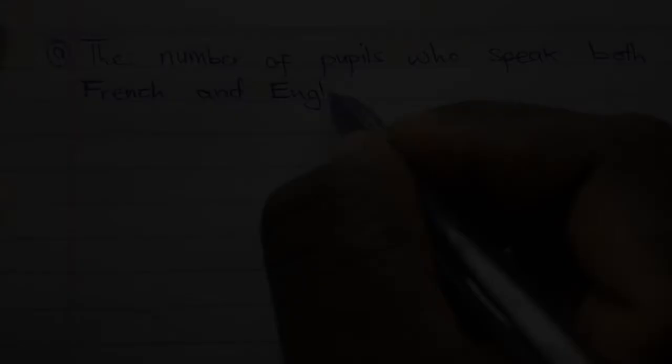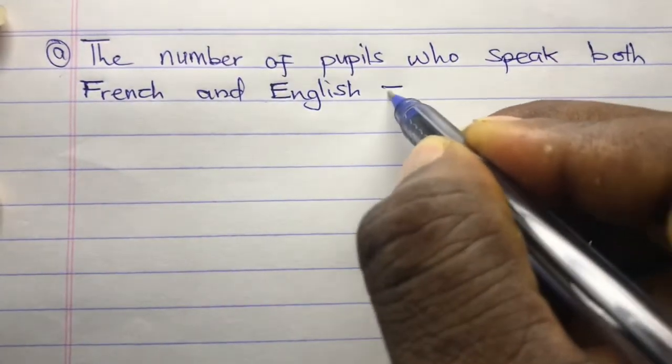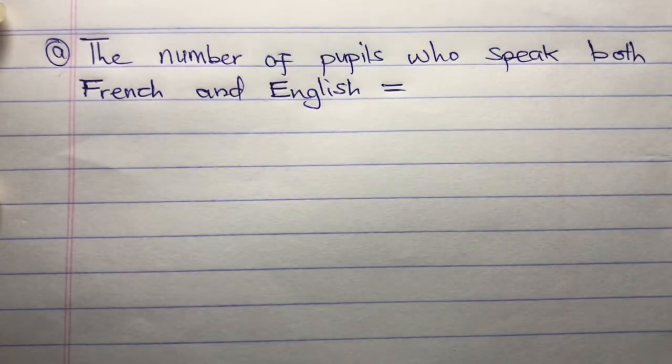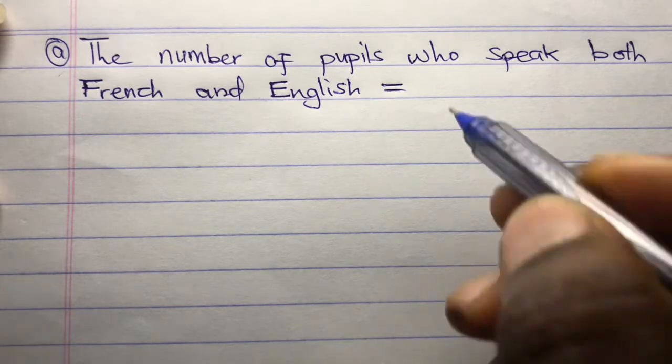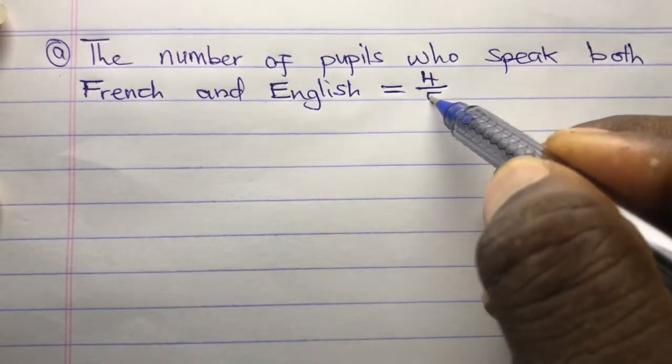So now we are going to calculate for A. A says find the number of pupils who speak both French and English. So to find the number of people who speak both French and English, in the question, we were given the fraction of the number of people who speak both French and English, and we had it to be 4 out of 5.